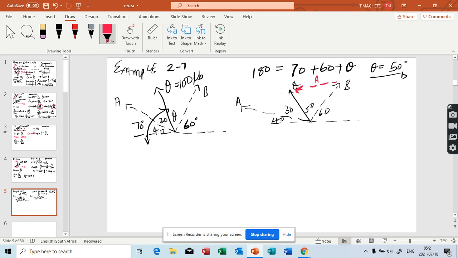Yeah, because if you wanted to transfer B, you're going to complete a parallelogram. You just take B there, and then it goes with its angle. So what's the angle here? The total angle.